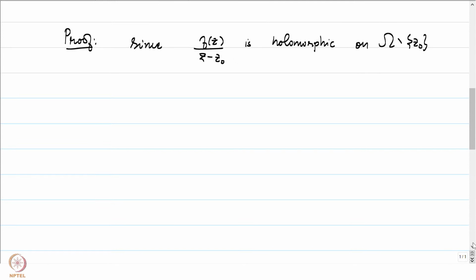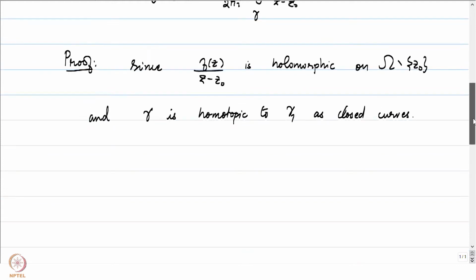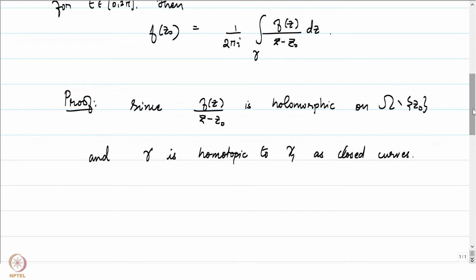Since this function is holomorphic on omega minus z0, and our hypothesis is that gamma is homotopic to gamma 1 as closed curves, I'll assume that it's a reparameterization such that the domain of definition is the same, and because the integral doesn't depend on the reparameterization, we can always go to any reparameterization and work with it.